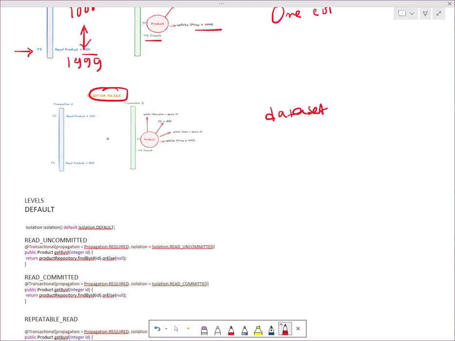For instance, at time t0, transaction A reads the product with ID 1001, and by time t1, transaction B updates the data set of the product, which has several columns, suppose name, price, and description, with ID 1001, and it commits at time t2.